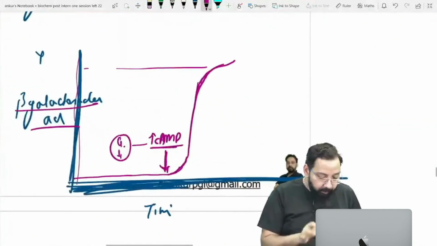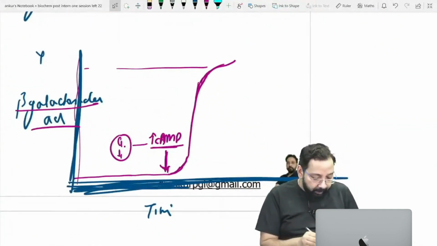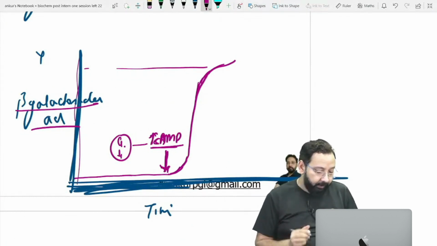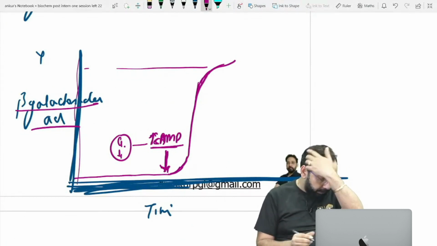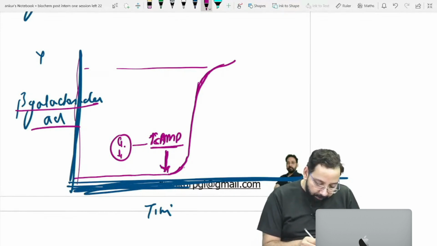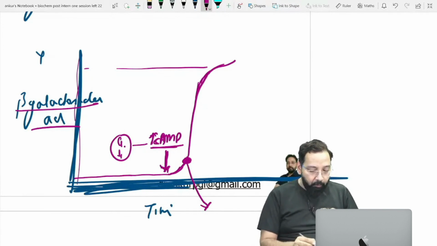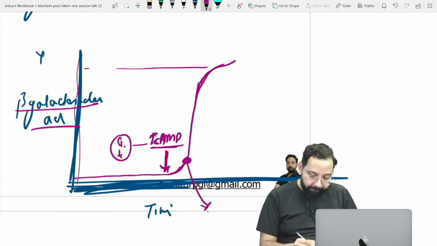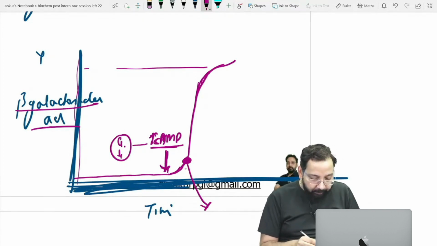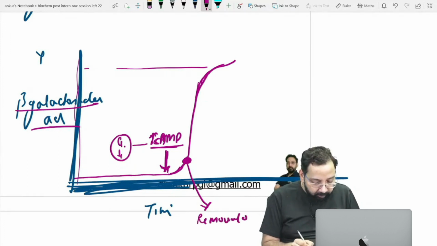Is it clear to you that at this point cyclic AMP will increase? And if I ask you what happened at this time, please do reply. Yes, at this time, removal of repressor tetramer.